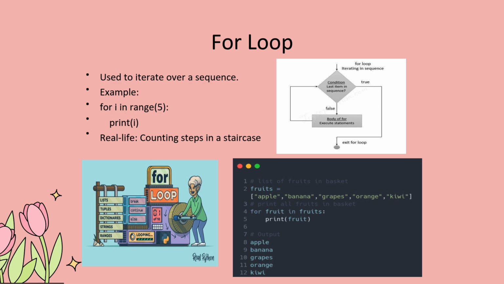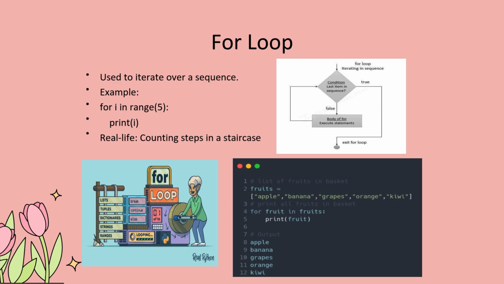The most common use for the for loop is with the range function, which gives us a series of numbers to loop through. For example, we might say for every number from 1 to 5, do this task. But again, no need to remember syntax right now. Just understand that the for loop is saying for each item in this group, do this something. This type of loop is especially useful for repeating tasks a fixed number of times, processing each element in a list or string, running code for every character, every number, or every file in a folder.